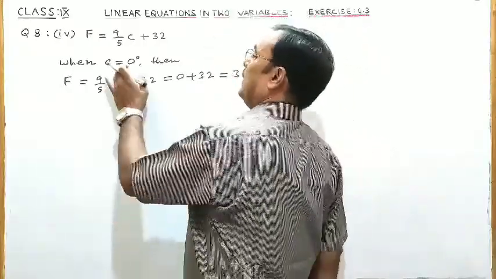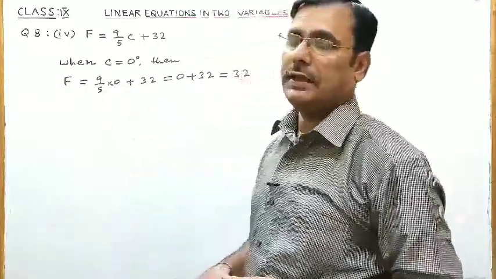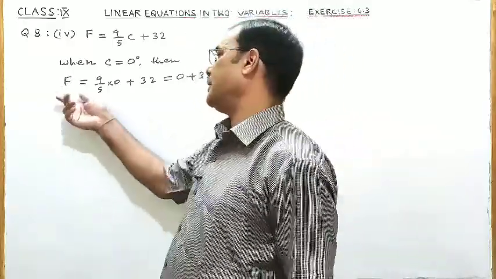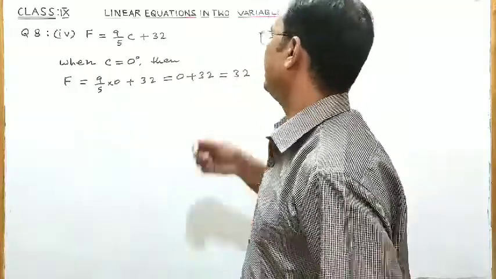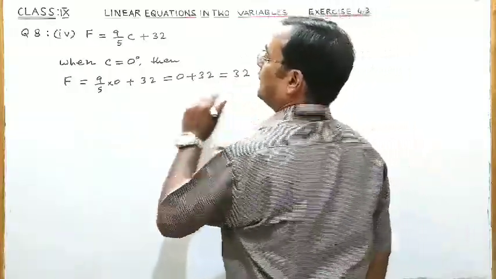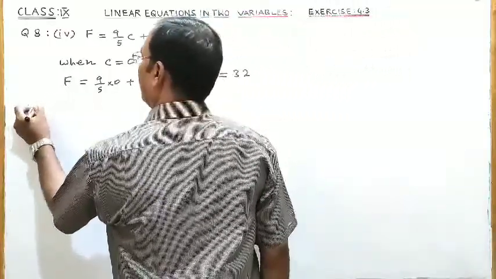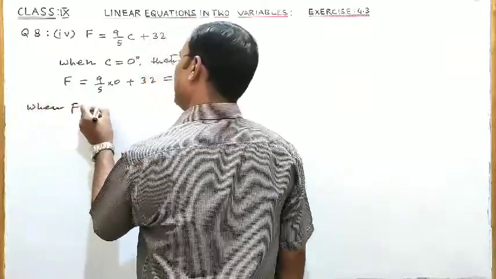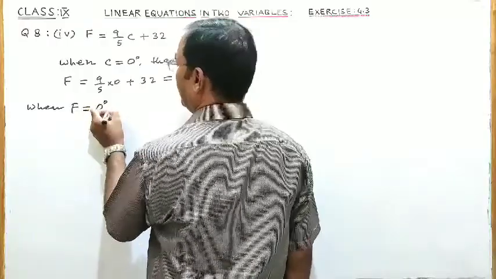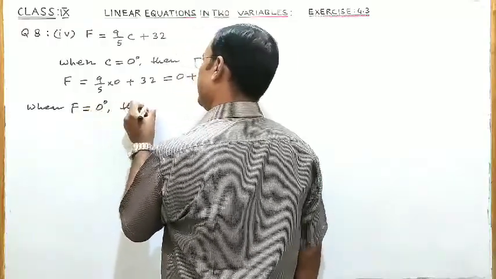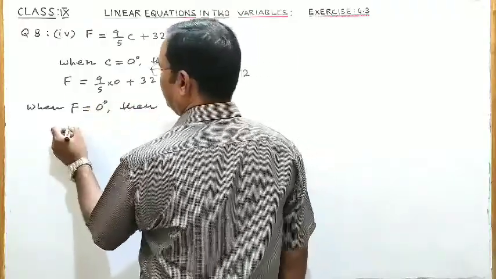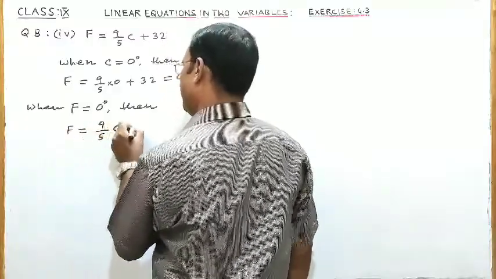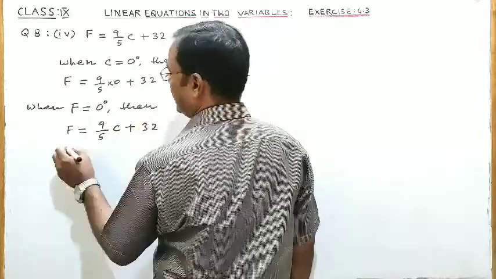So when temperature in Celsius scale is 0 degree, then temperature in Fahrenheit scale is 32 degree. And when Fahrenheit scale is 0 degree, then F equal to 9 by 5 into C plus 32.